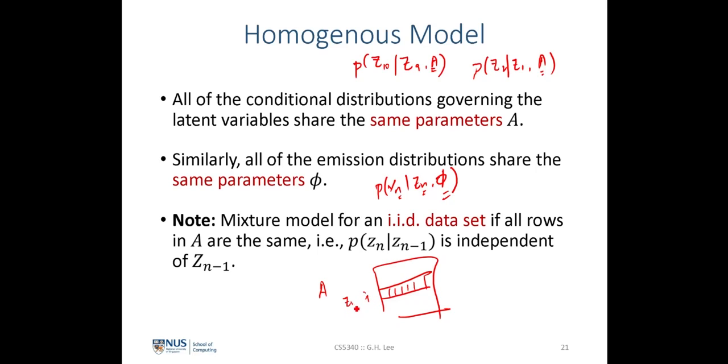What this means is that Zn minus 1 takes a state of i, and if all the entries over here are the same, there's an equal chance of going from Zn minus 1 taking a state of i into every other state. So the next state Zn is going to be independent of the state of Zn minus 1. And this means that the hidden Markov model degenerates into just a mixture model, as we have seen in the previous lecture.